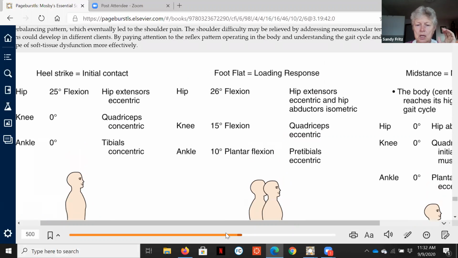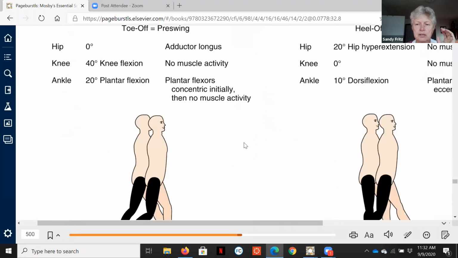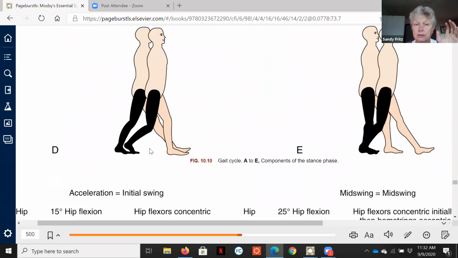You can work your way through this, and the best way to understand this is to do it. Take each step, and then stop and think about, okay, here's where the weight is, and now I'm shifting my weight forward.